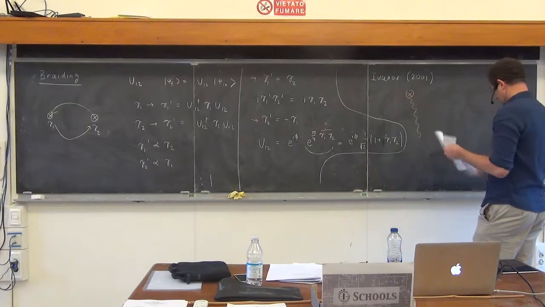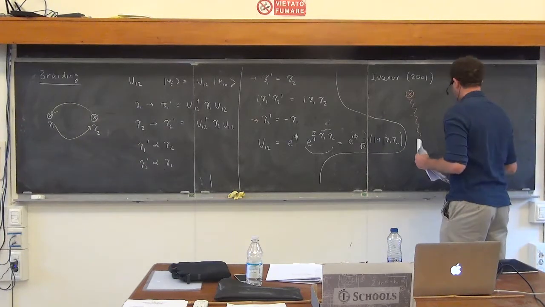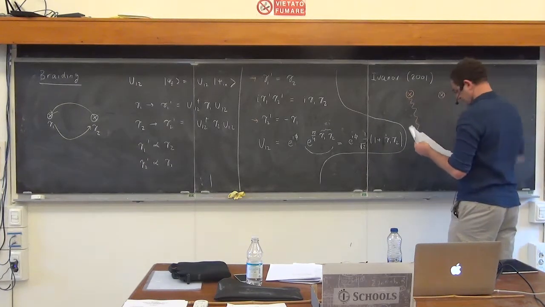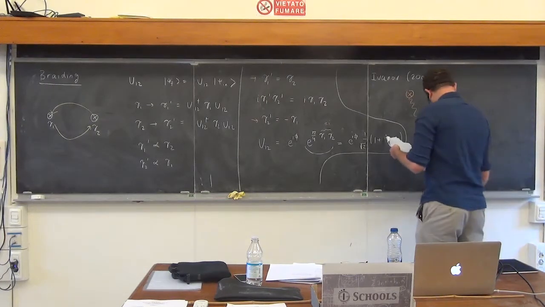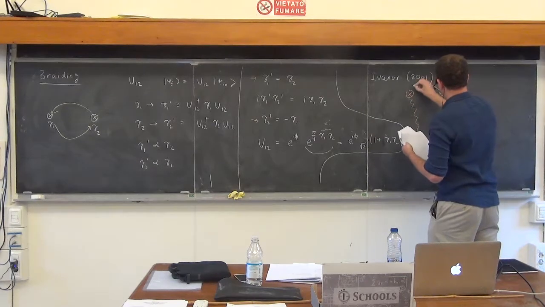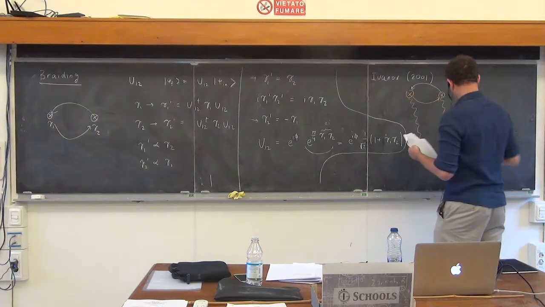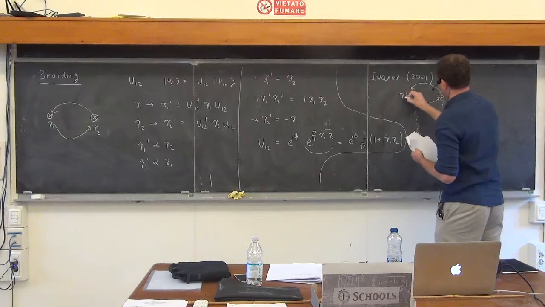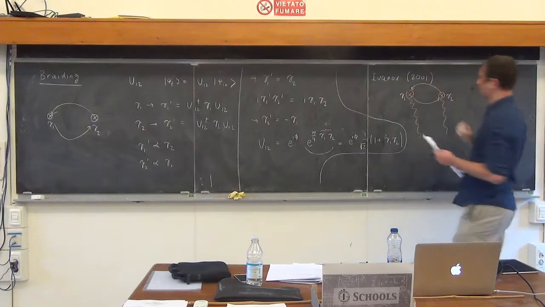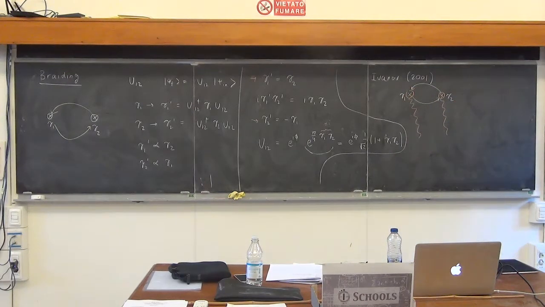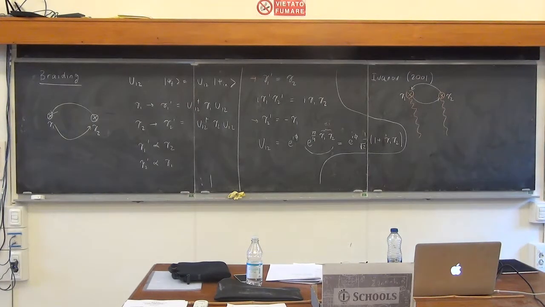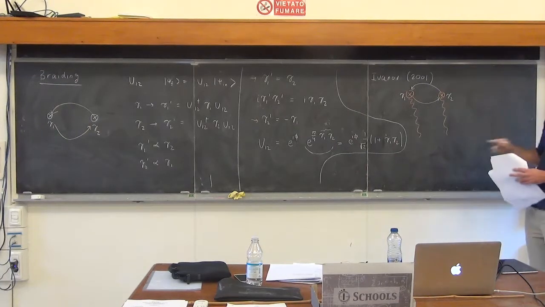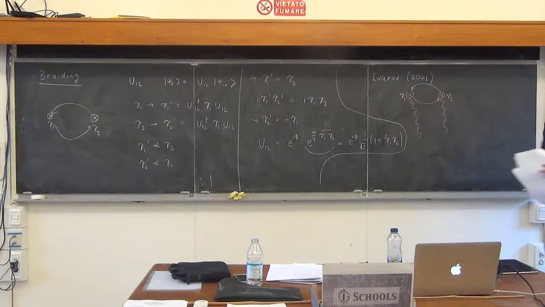Then if you think about this process where you exchange two of these vortices, each one of them has its own branch cut, and you take this one to here and that one to there. Each one of them carries a fermionic zero mode, gamma 1 and gamma 2, and this zero mode is made out of some fermions, and their phase is not single valued, it jumps by pi in a certain gauge choice each time they cross this branch cut.